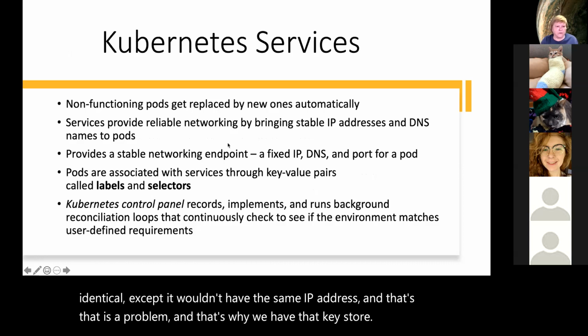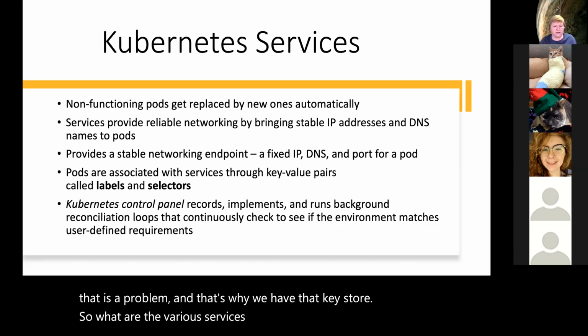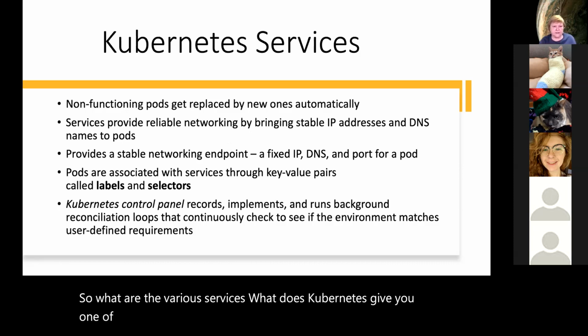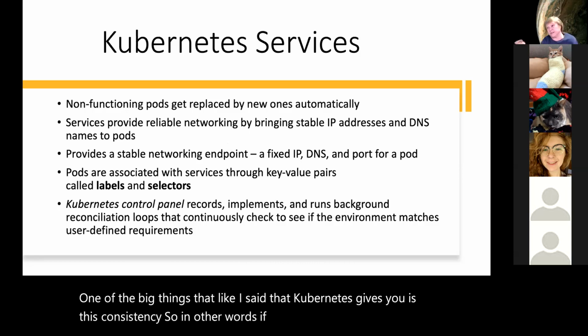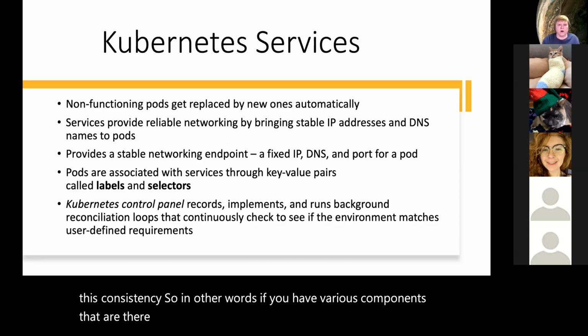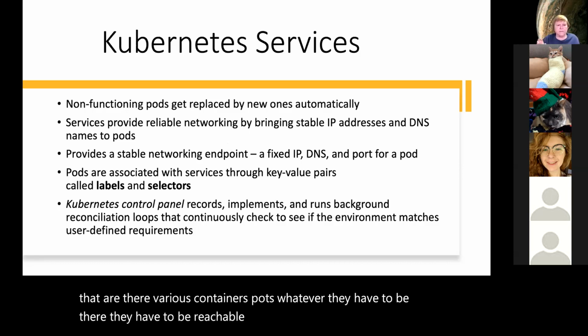So what are the various services? What does Kubernetes give you? Well, one of the big things that Kubernetes gives you is this consistency. In other words, if you have various components, containers, pods, whatever, they have to be there. They have to be reachable all the time in the same way.